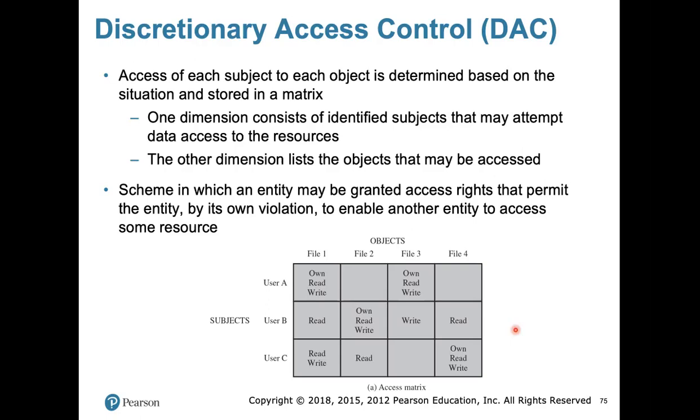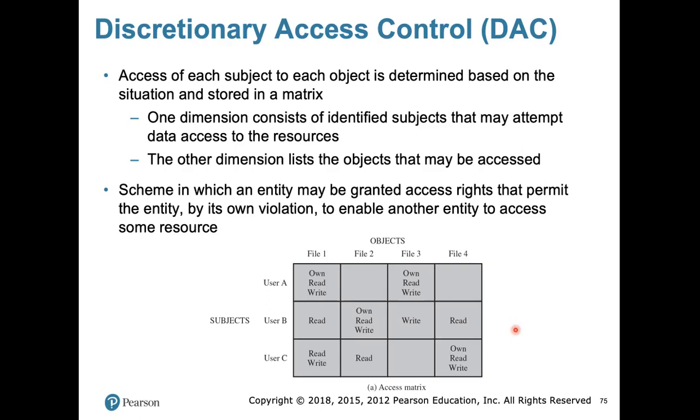So user A is the owner of file 1, and since he or she is the owner, user A is able to do whatever he or she wants to do with this file. But when we look at the second cell of row 1, user A doesn't have any privilege or any right with respect to file 2.